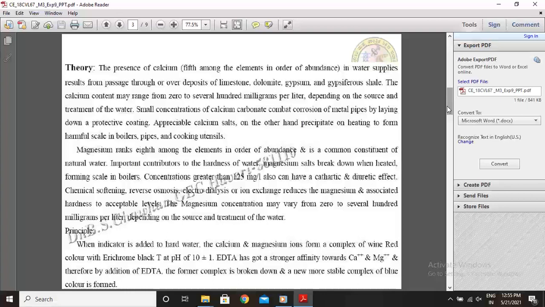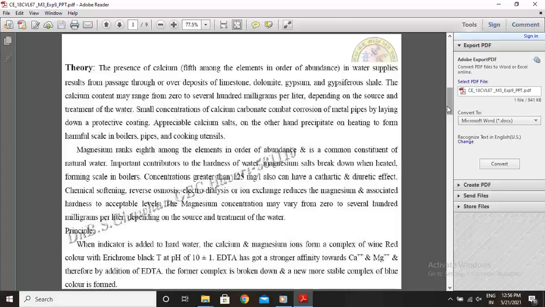Chemical softening, reverse osmosis, electrodialysis or ion exchange reduces the magnesium and associated hardness to acceptable levels. The magnesium concentration may vary from 0 to several hundred milligrams per liter depending on the source and treatment of the water.